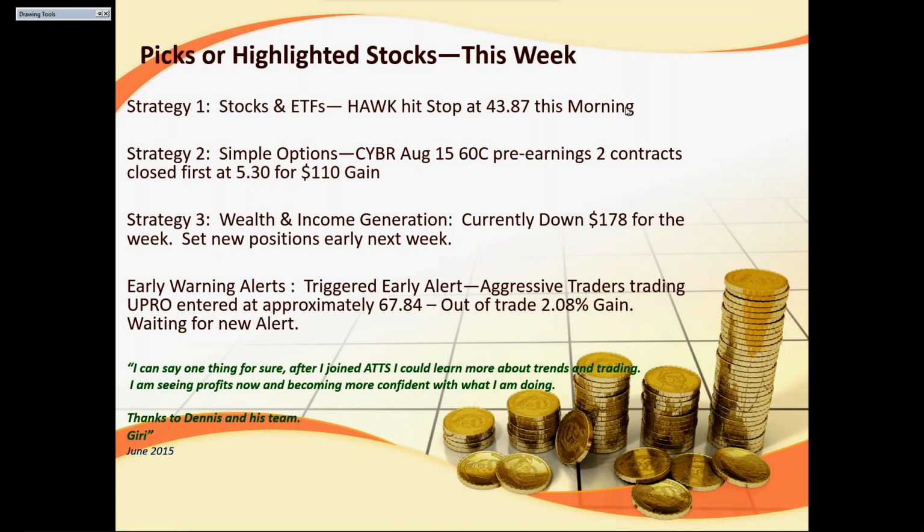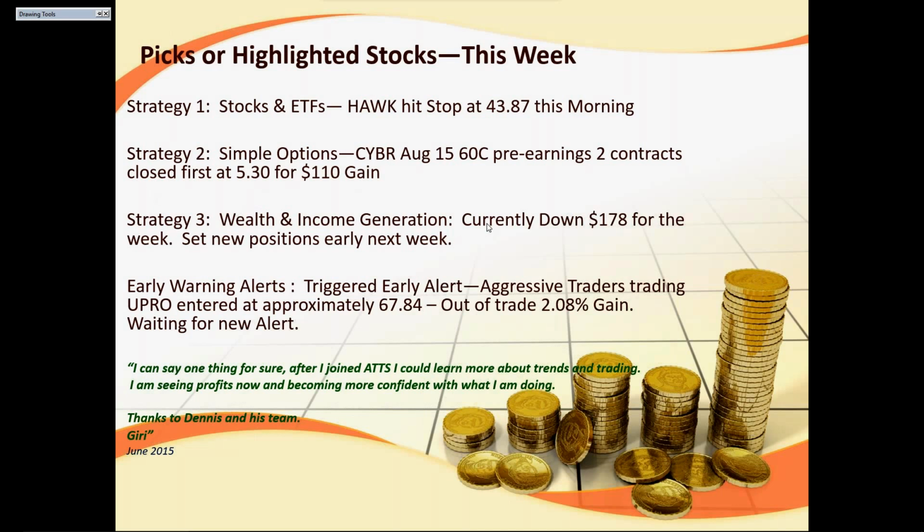I had 2 contracts open. Like I said, I was going very small. Got them for 420, closed the first one out yesterday for 530, and I'll be holding the other 1 contract up until the day of earnings to see what volatility does for me there.